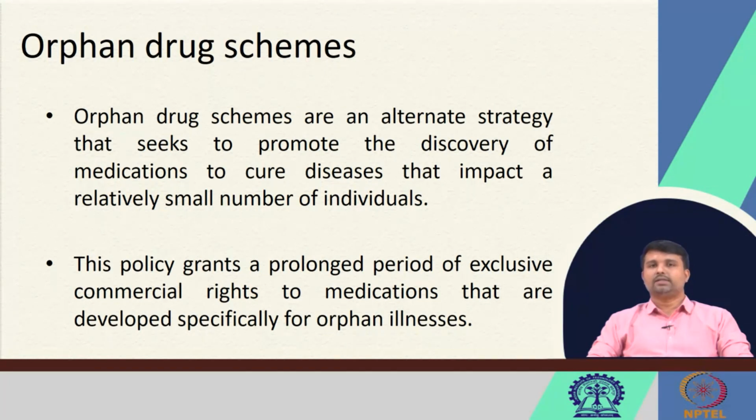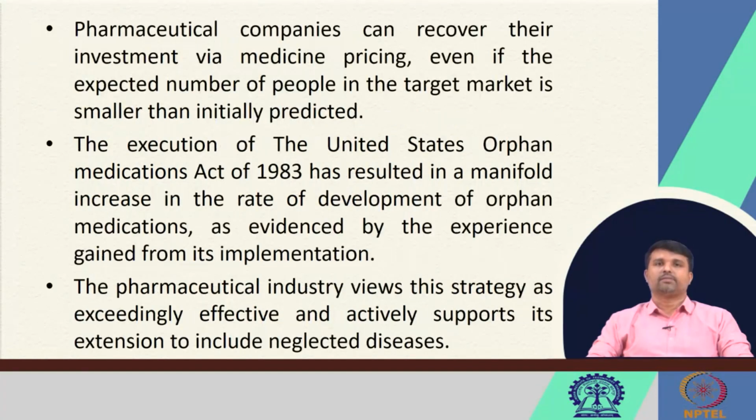The policy grants a prolonged period of exclusive commercial rights to medications that are developed specifically for orphan illnesses. The pharmaceutical companies can recover their investment via medicine pricing even if the expected number of people in the target market is smaller than initially predicted.